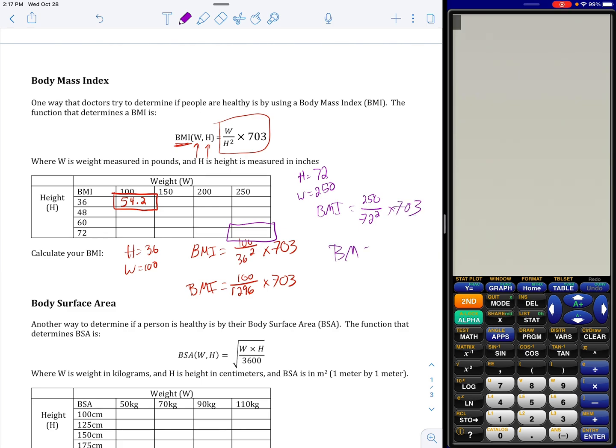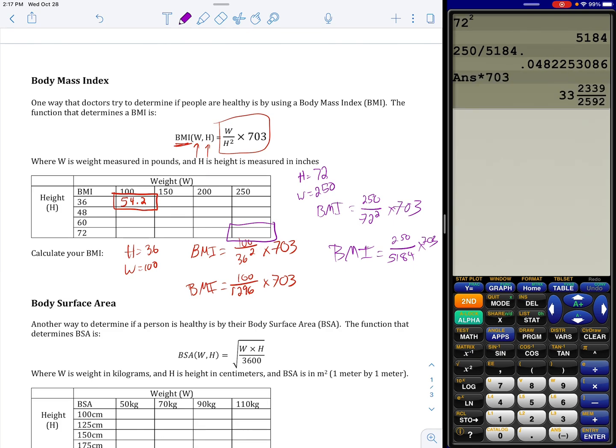We've got to do 72 squared first, 5,184, times 703. Let's do the division: 250 divided by 5184 times 703.